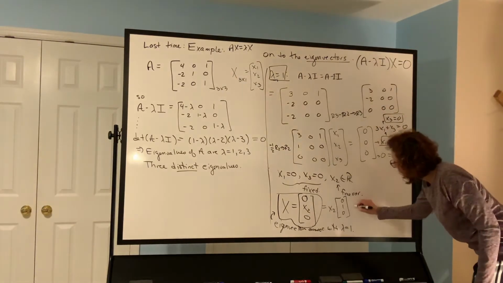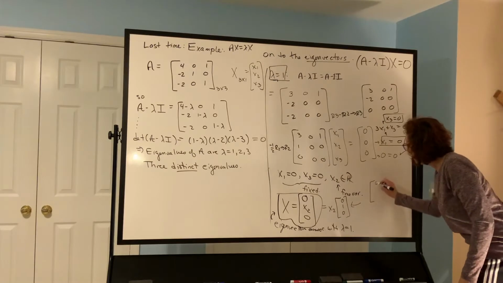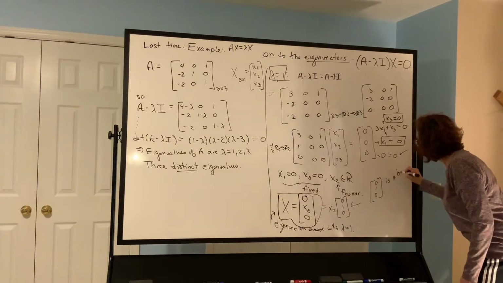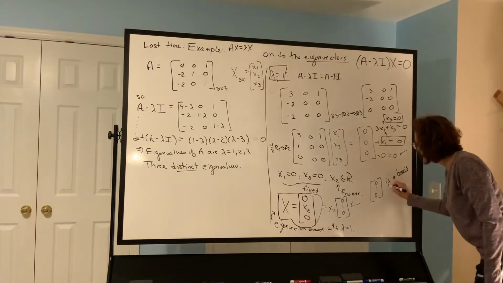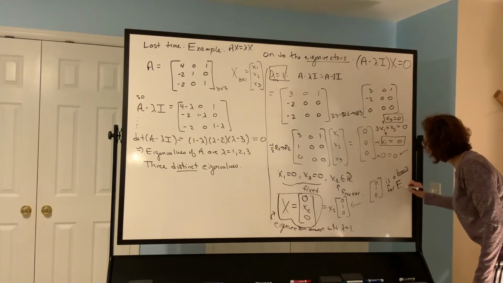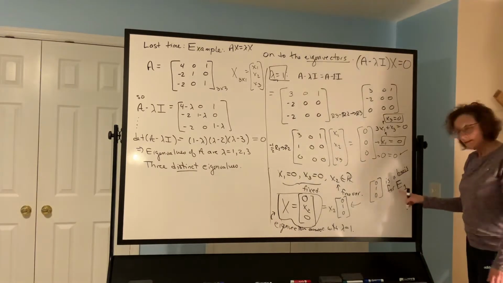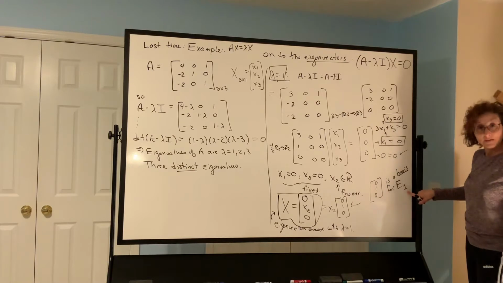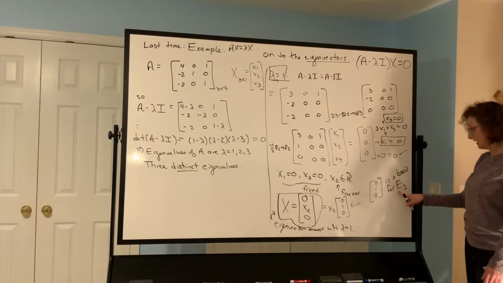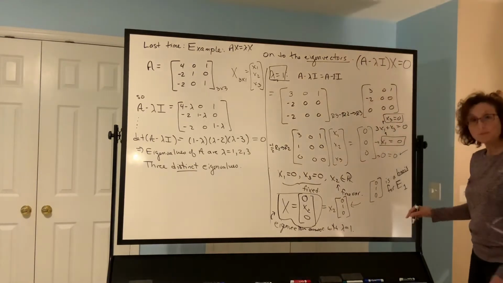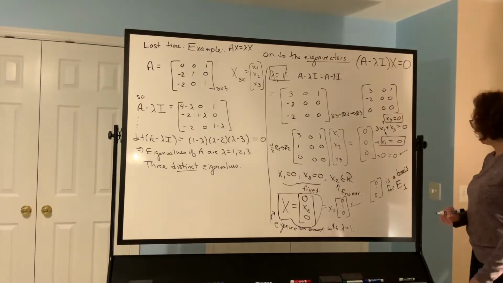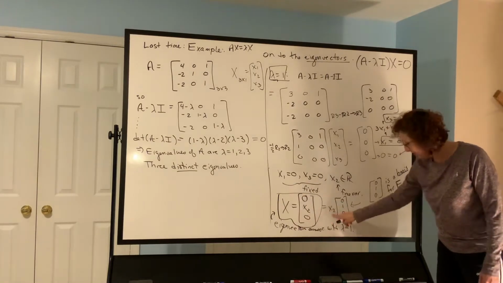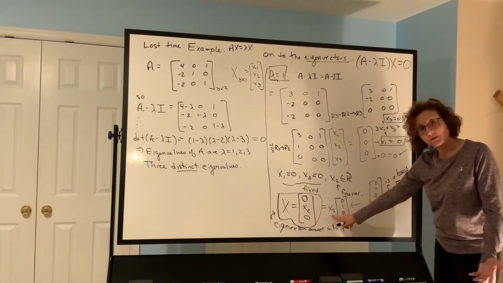And so then we say that the vector 0, 1, 0 is a basis for the eigenspace E1, the set of all eigenvectors associated with lambda equals 1. Everything in the null space of A minus 1 times I, okay? So there's infinitely many eigenvectors because this x2 is any real number, right?